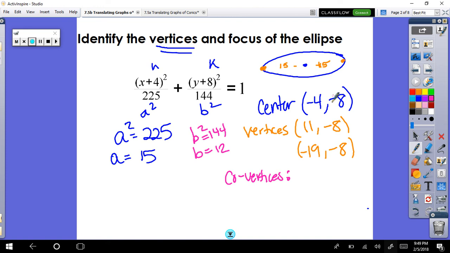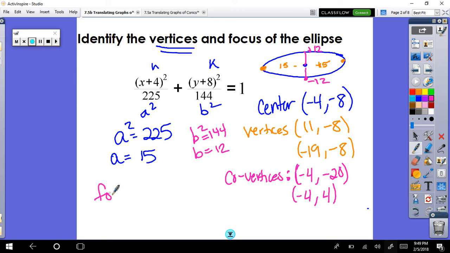So that's on the y-axis this time, so up 12 or down 12 to the co-vertices. So that's going to be the points (-4, -8 minus 12), so (-4, -20), or (-4, -8 plus 12), which would be (-4, 4).